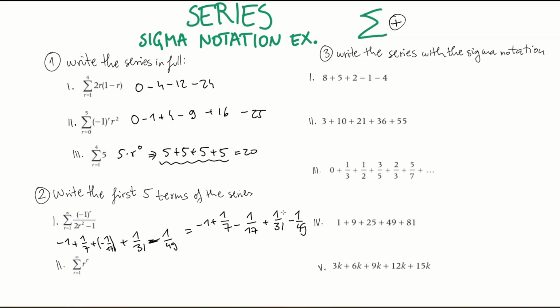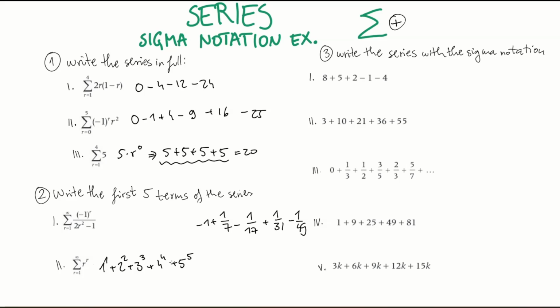Okay, and then we have the last example in this exercise. So we get r to the power of r, while r is running from 1 to infinity. Basically our first term is 1 to the power of 1 plus 2 to the power of 2 plus 3 to the power of 3 plus 4 to the power of 4, and for our fifth term 5 to the power of 5.